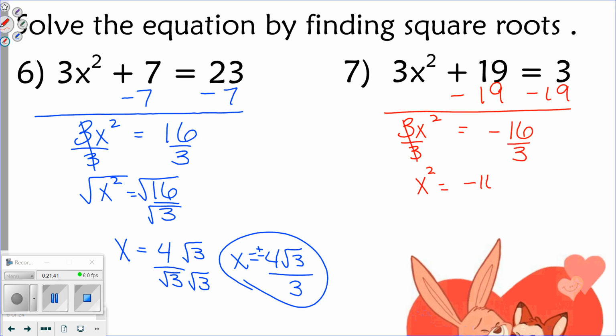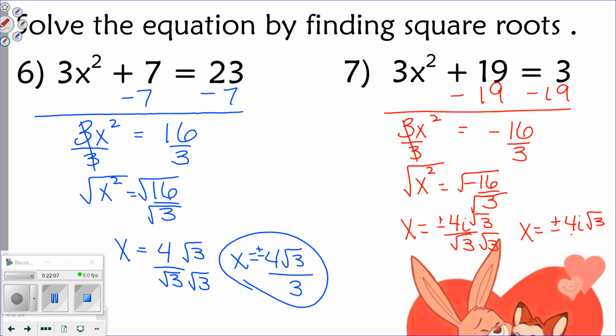Negative 16 over 3. Is this different? What's different? There's a negative. How's that going to change my answer? It's going to have an i in it. Yep, so when you take the square root, top, bottom, the i is going to come out. So you're going to get 4i over radical 3, and then multiply top and bottom. So plus or minus 4i radical 3 over 3.